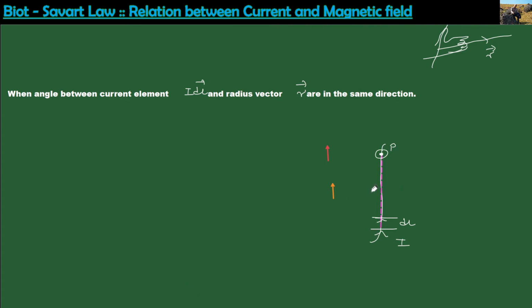So over here, let us write this as R bar, which means that this IDL and this R bar are in the same direction.